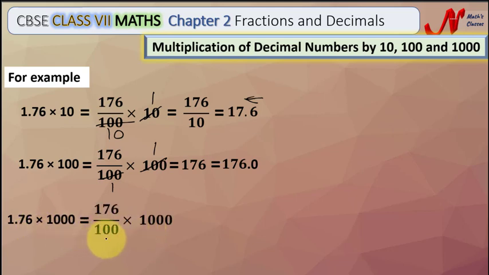Next, third example, we multiply 1.76 with 1000, which can be written as 176 by 100 into 1000. In the denominator we write 100 because in the given decimal we have 2 digits after the decimal point. By cancelling, 100 ones are 100, 100 tens are 1000, which we can write as 176 into 10, which is equal to 1760.